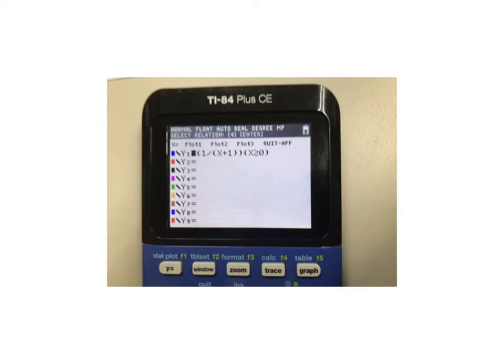I close the parentheses and hit enter. If I graph that now, you'll see a blue horizontal line where it's restricted if you have the colorful one, and then the actual graph where it's not. If you don't have the color one, you'll just see the graph sort of raised like that. Okay, Maria.